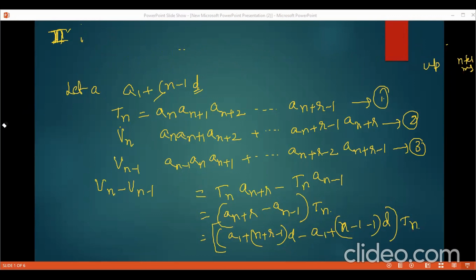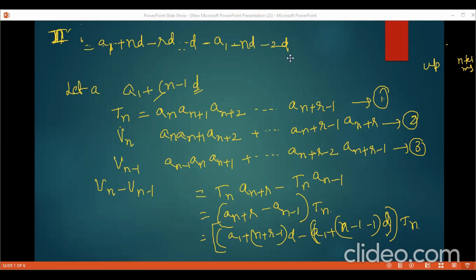We are getting here a1 plus nd plus rd minus d, minus (a1 plus nd minus d), because this should be in brackets. This is very important. Minus a1 minus nd, plus d. Got it?